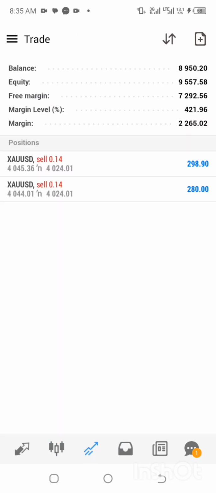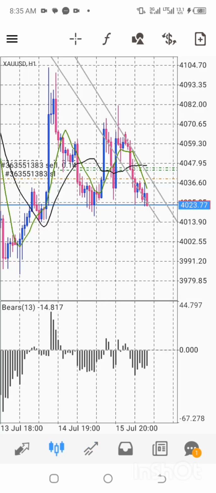Secondly, because you have moved your stop loss below the price, you've locked in some pips.